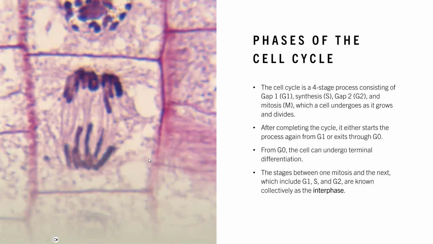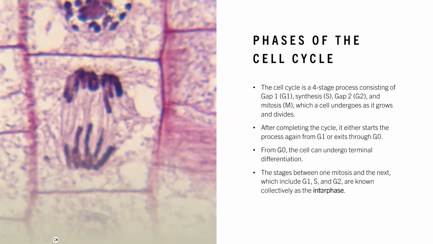If we look into the phases of the cell cycle, it is a four-stage process consisting of gap 1, which we call G1, then the stage of synthesis, S, gap 2, G2, and mitosis, M, which a cell undergoes as it grows and divides.